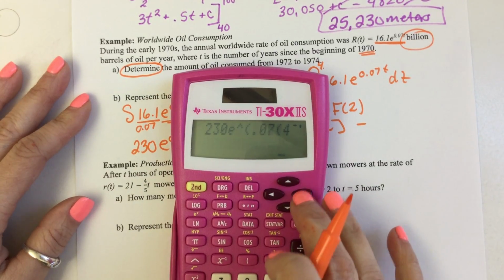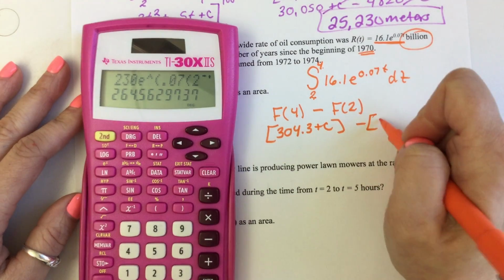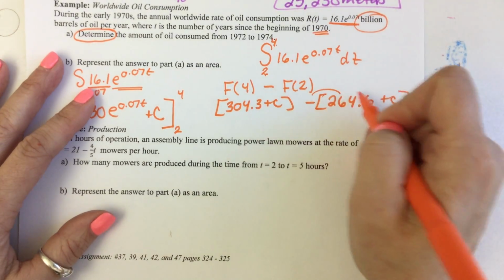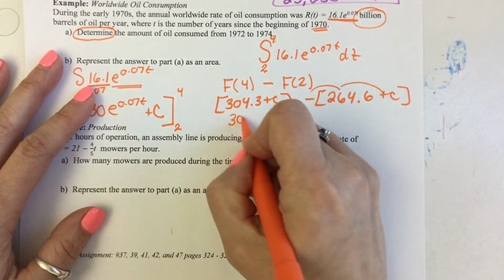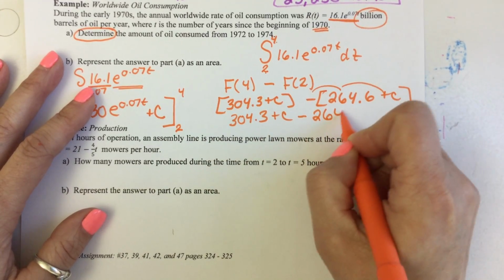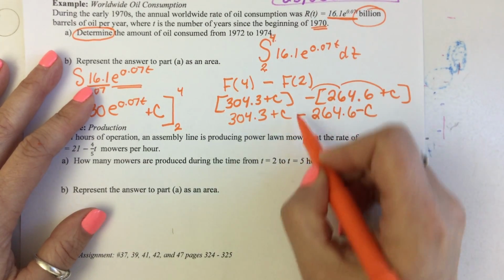Now if I have the 2 in there, because remember it's always the largest value first, this is 264.6 plus c. The negative has to go into both pieces. 304.3 plus c minus 264.6, and now it would be a minus c because the negative went there.